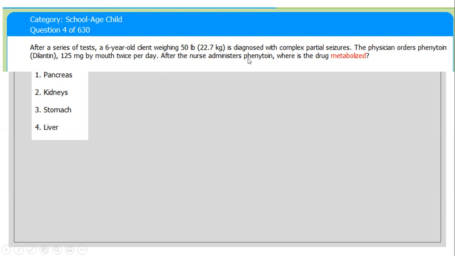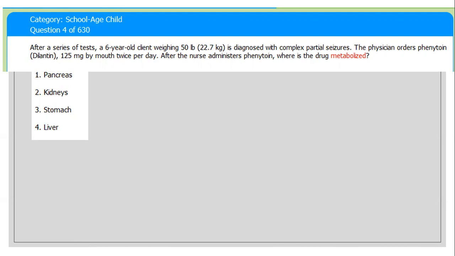After the nurse administers phenytoin, where is the drug metabolized? You see in this question, the examiner tries to make you confused. Number one, your patient is 6 years old. They give you the body weight in pounds, but this question has nothing related to the body weight, or to the 6-year age group. But your patient is diagnosed with a seizure.